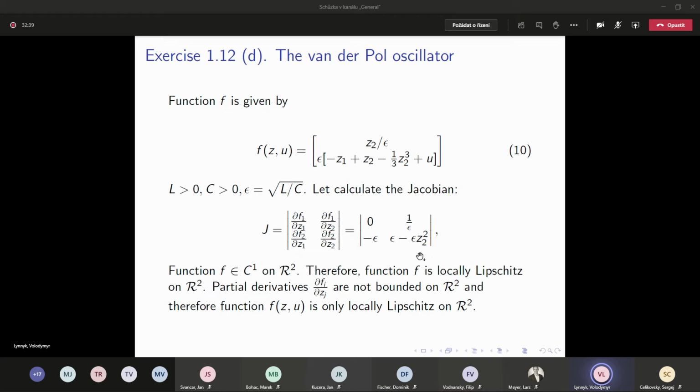We can see that this function is locally Lipschitz on R2, and partial derivatives are not bounded on R2, and therefore function f is only locally Lipschitz on R2, not globally, because of this term z2 squared here.